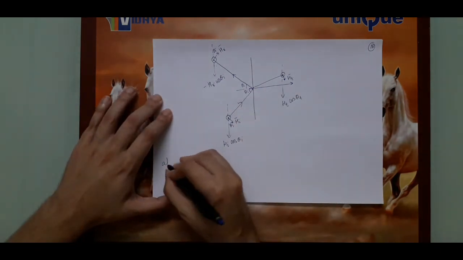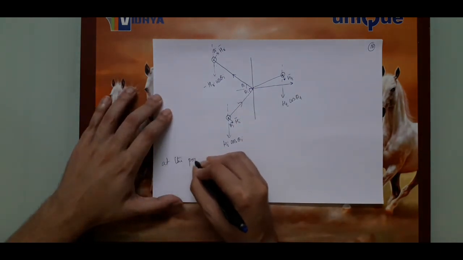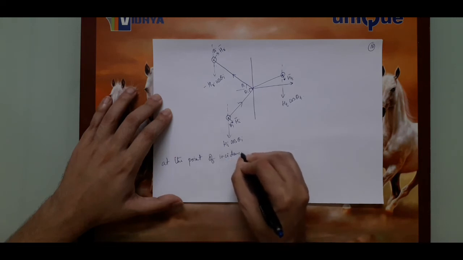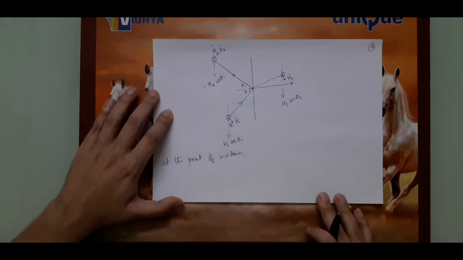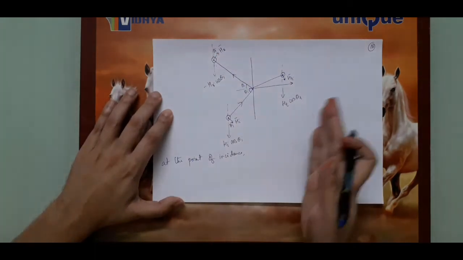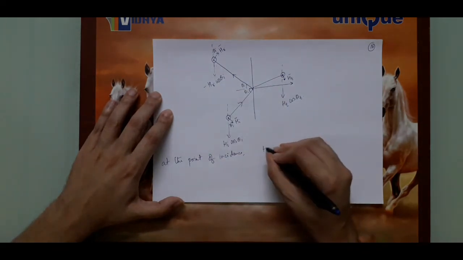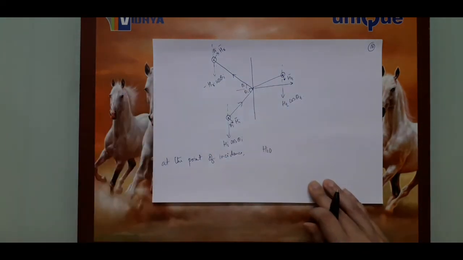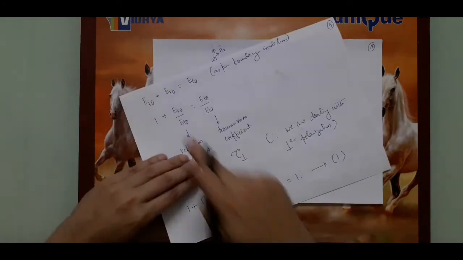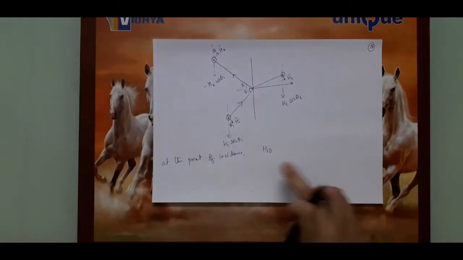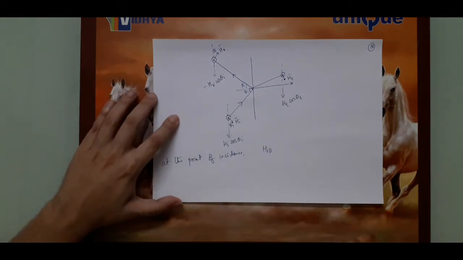So at the point of incidence, the direction cosines will all nullify, and the tangential field on the left hand side will be an addition of these two. Just like how we got it in terms of Ei0, Er0 and Et0, we will get it in terms of Hi0 also.